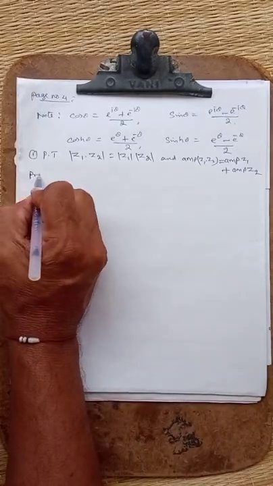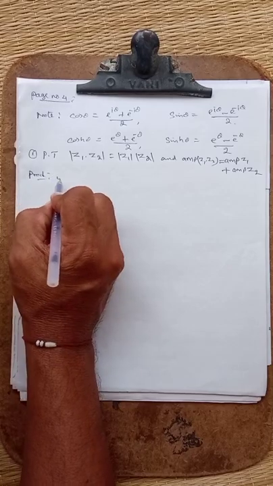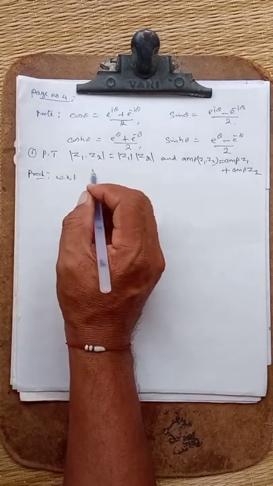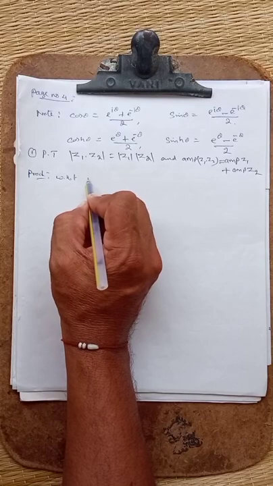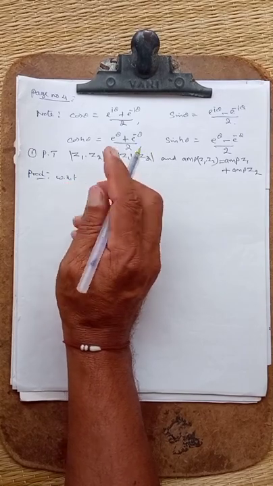Proof. We know that any complex number z is of the form x plus iy.